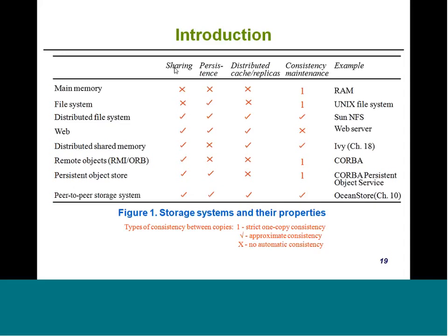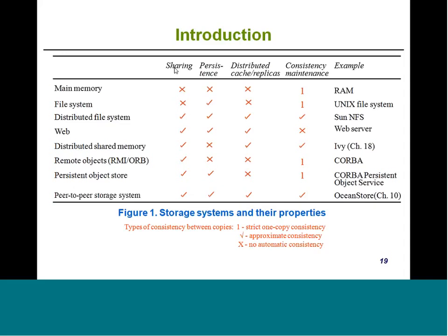Now let's look at a standard file system in Unix, which is basically confined to that particular client. Again, that one does not allow sharing. It has persistence, and it does not have any distributed caches or replicas. And the consistency maintenance uses strict one copy consistency.